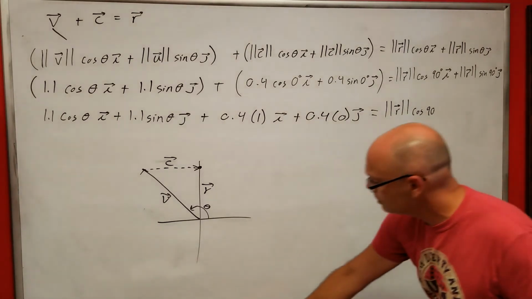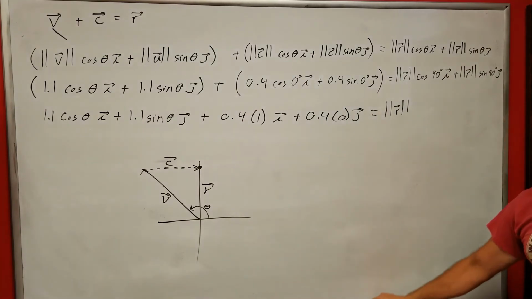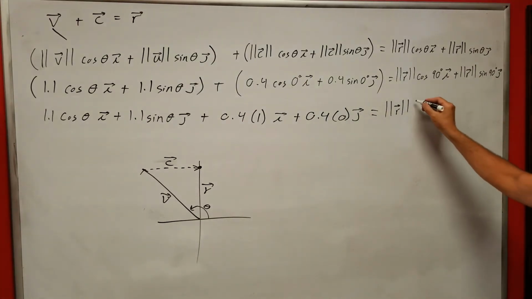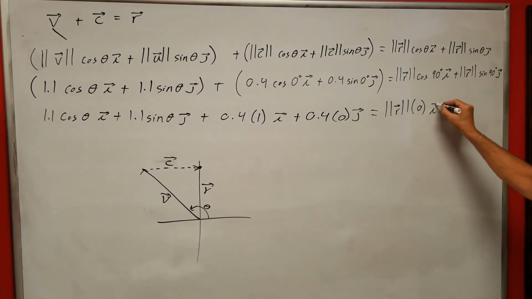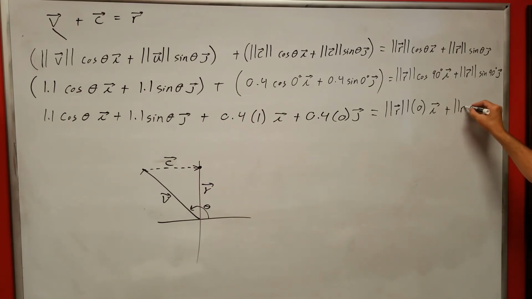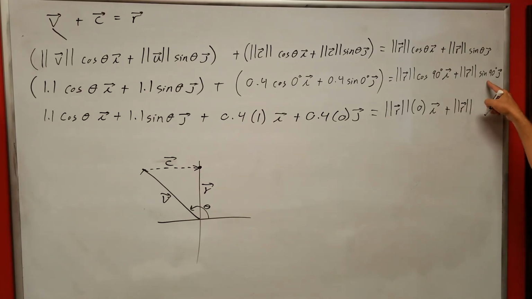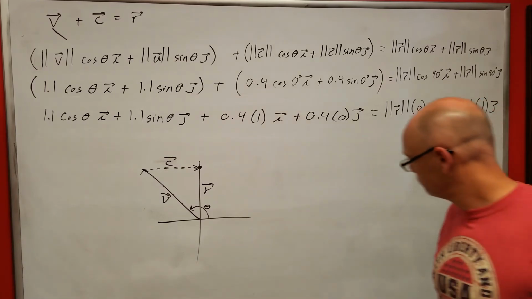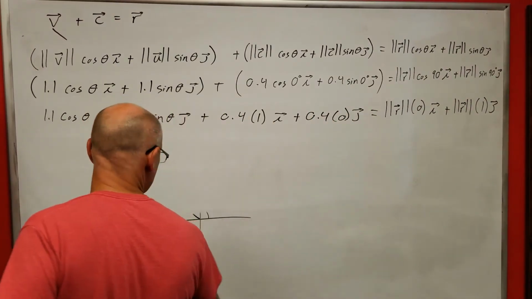But what is the cosine of 90 degrees? At 90 degrees, my cosine is 0, right? Times vector I plus the magnitude of vector R times the sine of 90 degrees. What's my sine of 90 degrees? 1 times vector J. All right, I'm going to have to erase this picture here. I can redraw it later.